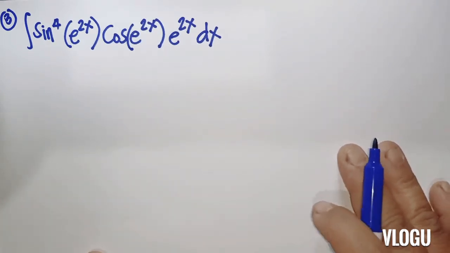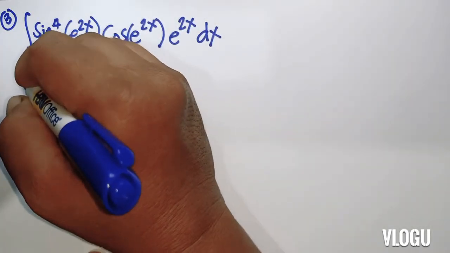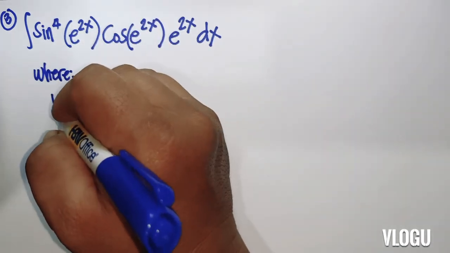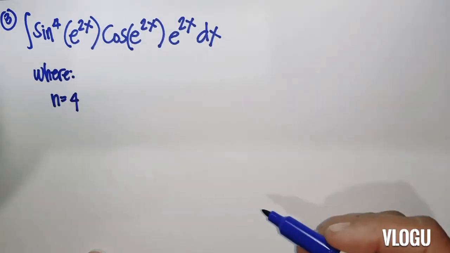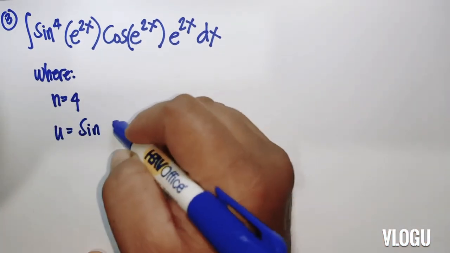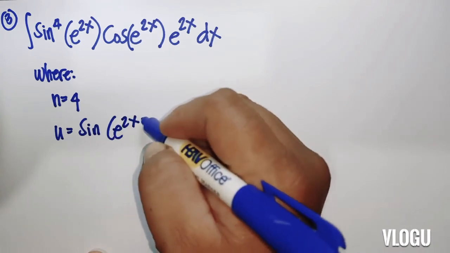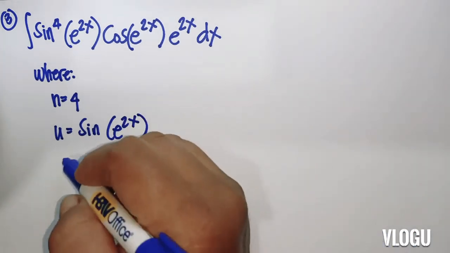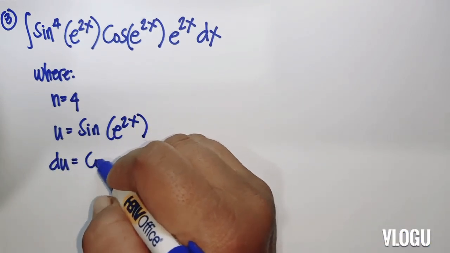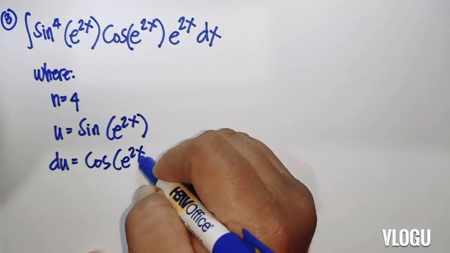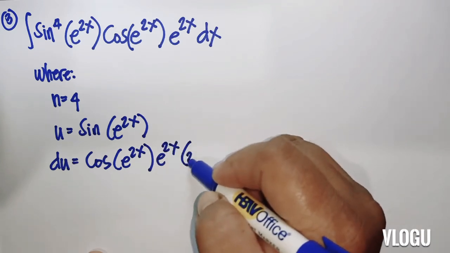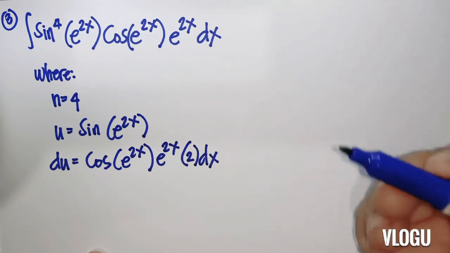If you look at this one, n is equal to 4, and u is equal to sine (e to the 2x). Then the derivative of that, du, is the derivative of sine, which is cosine (e to the 2x), times the derivative of e to the 2x, that is e to the 2x times 2 dx.